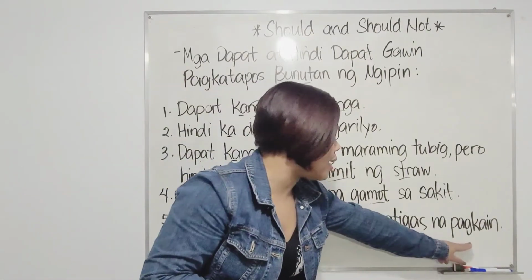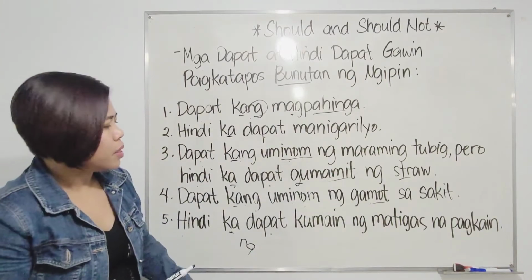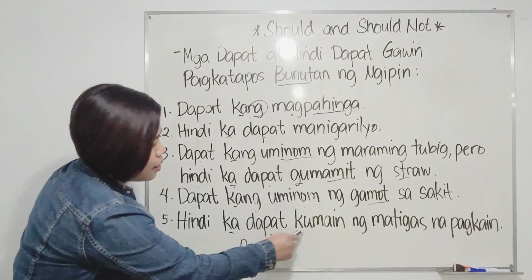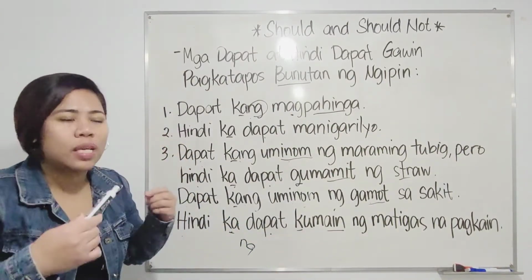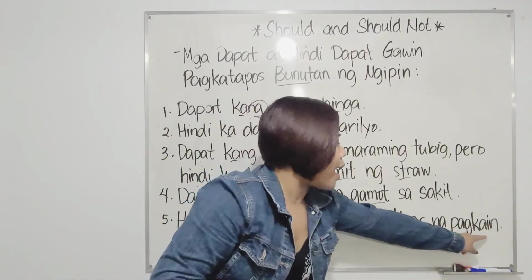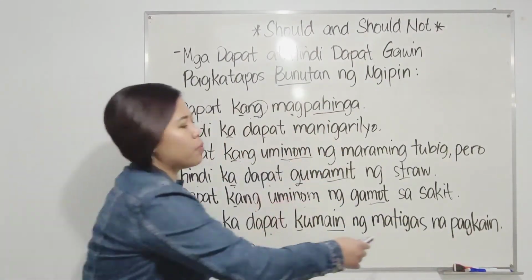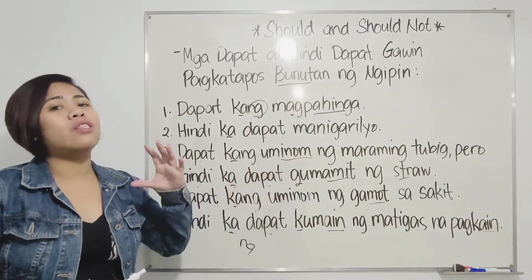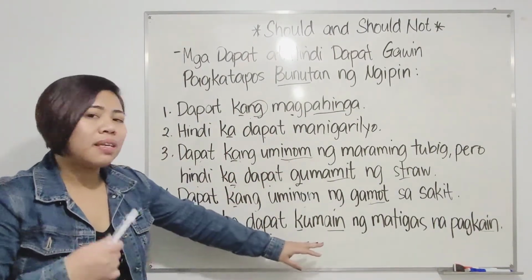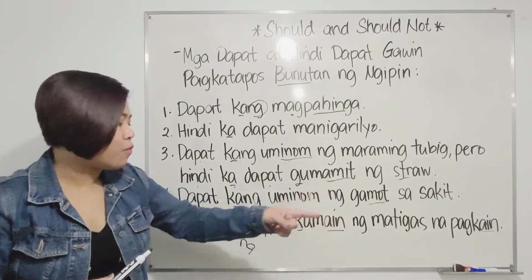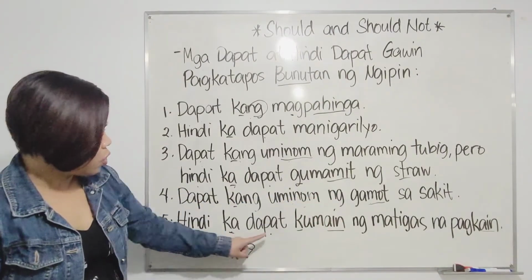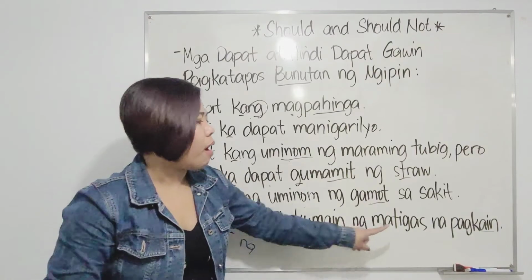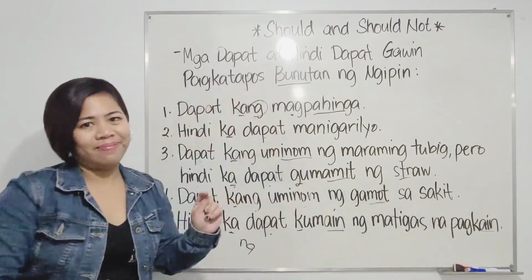And pagkain is food. So root verb kain. Kain means to eat. Pagkain, it's from the same root word kain. When you say pagkain, it means food. So kain means eat. Pagkain means food. So you should not eat hard food.